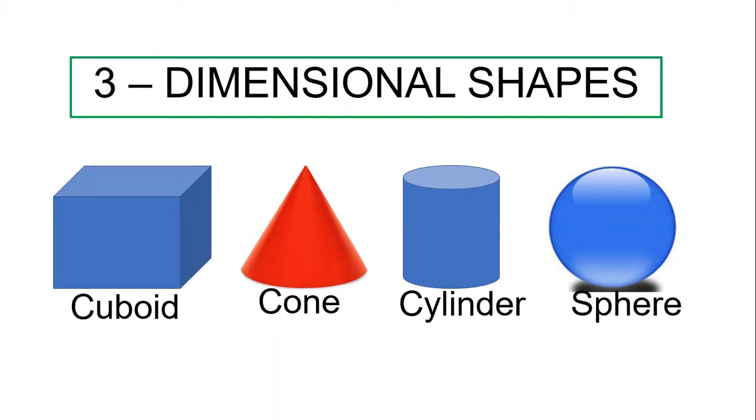Even at our home, when you look around your house, you will see some of the objects that come in these shapes. Okay? Now, let us look at some examples of objects that are similar to these 3D shapes.